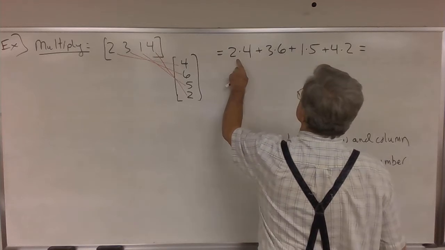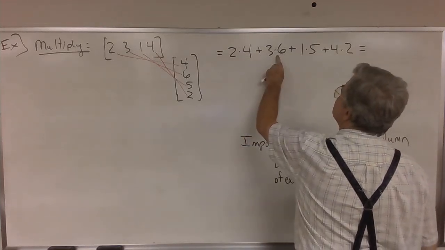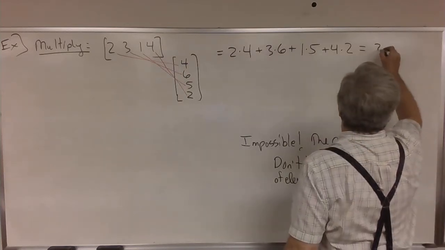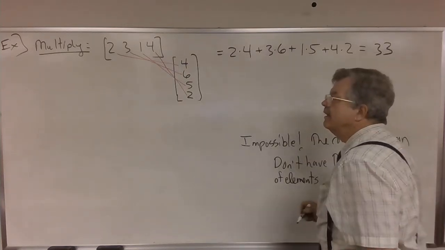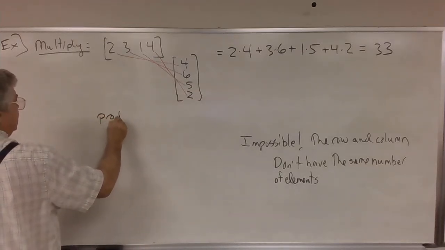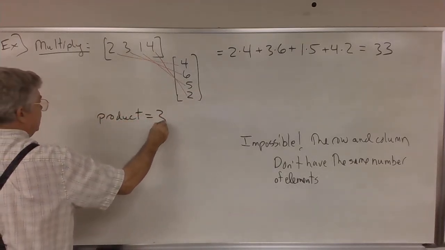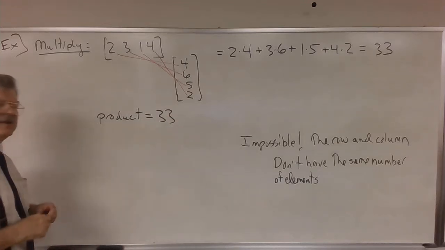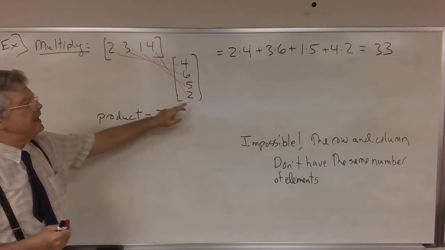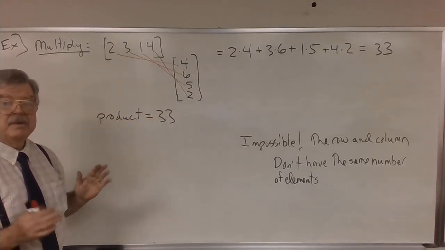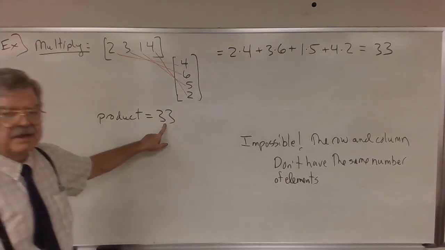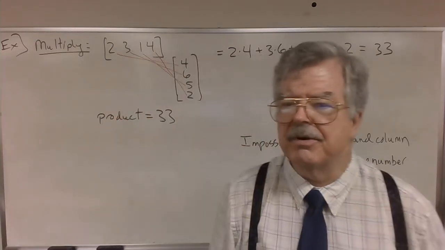And we get 8 plus 12 is 20, plus 5 is 25, plus 8 is 33. So this is kind of interesting. We multiply a row by a column, and we get a single number. We don't get a matrix, we just get a single number.